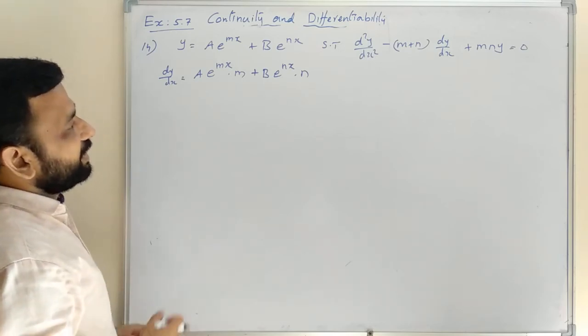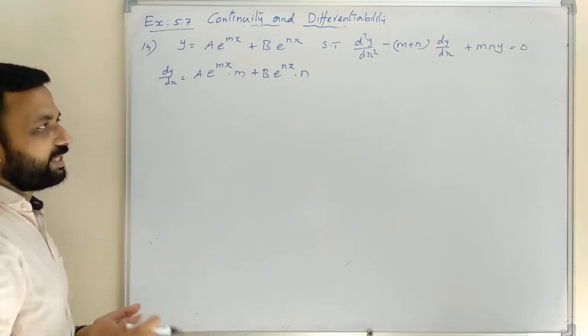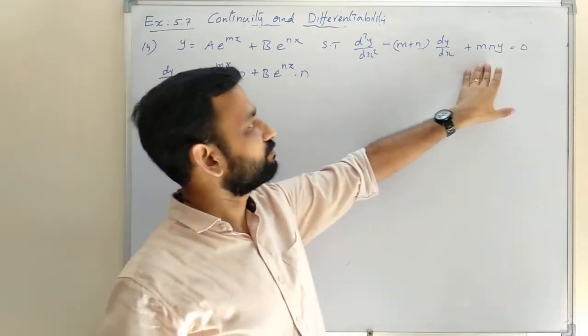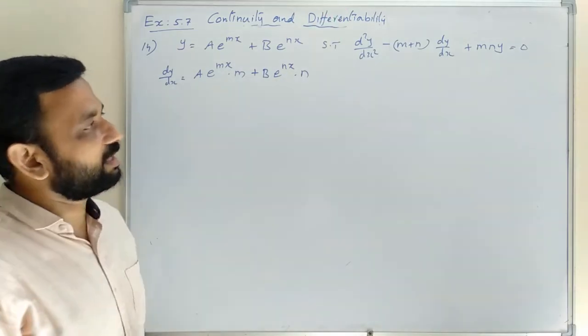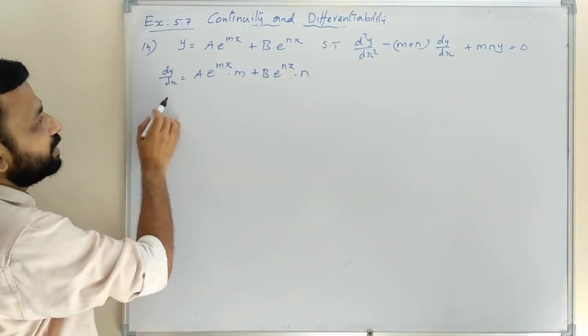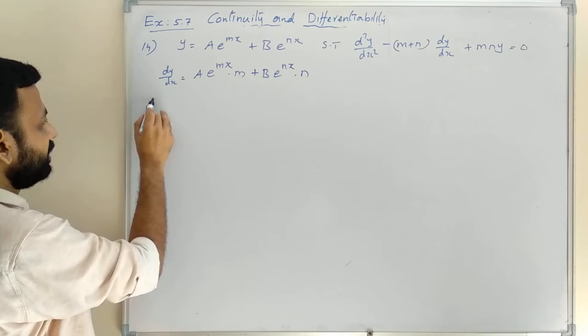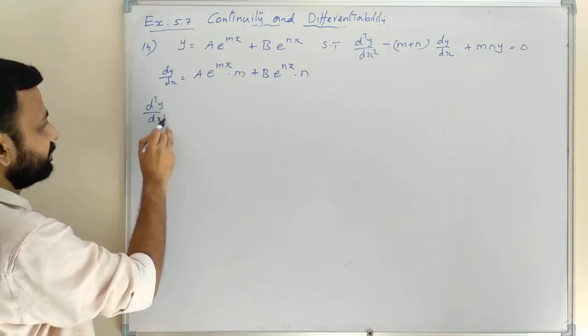Now we have to find d square y by dx square. Here I think cross multiplication is not possible. So we will find dy by dx, then d square y by dx square, then we will replace there, we will get the answer. Then d square y by dx square.